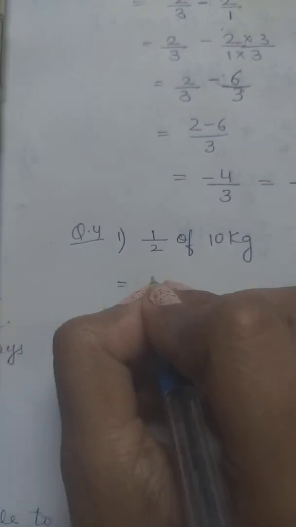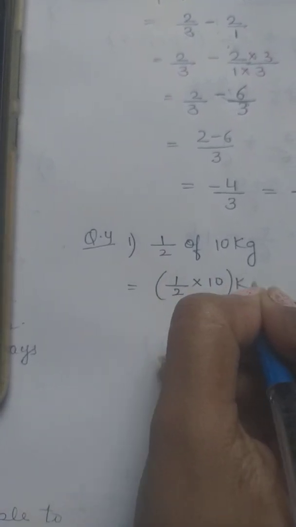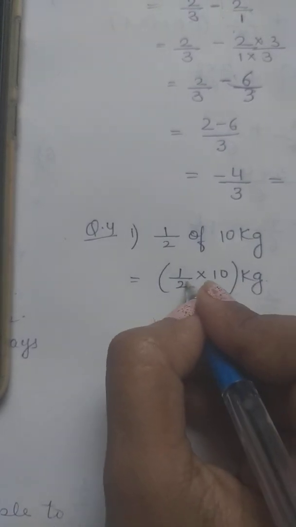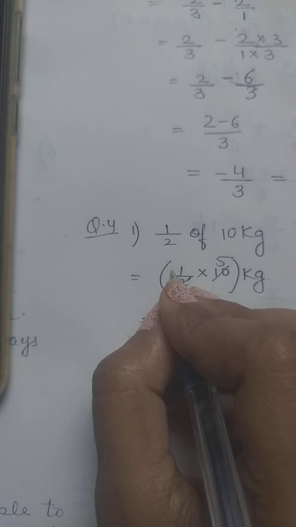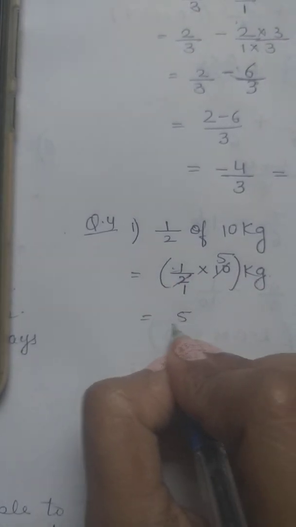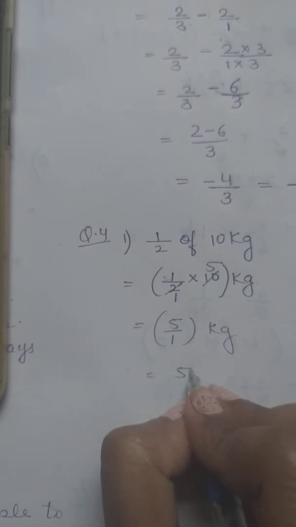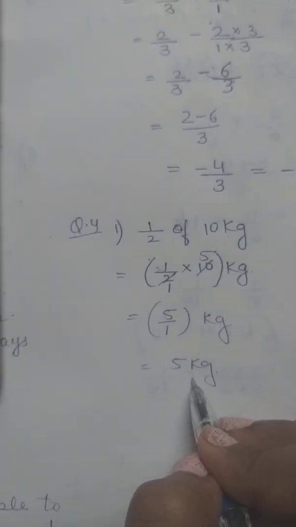Write the number like this: 1 by 2 of 10 kg. Do the calculation, like cancellation here. 2 ones are 2, 2 5s are 10. What is in the numerator? 5 by 1 kg. So 5 by 1 means 5 kg. So half of 10 kg equals 5 kg.